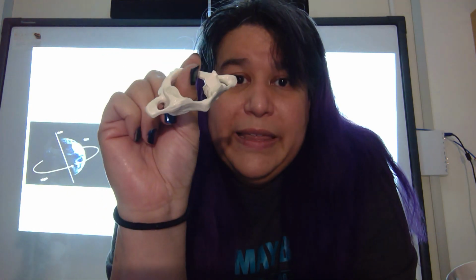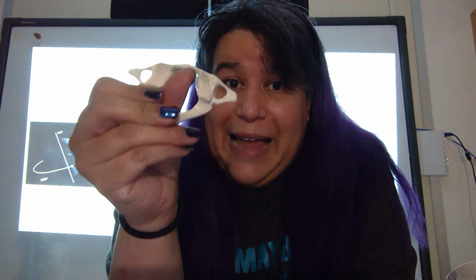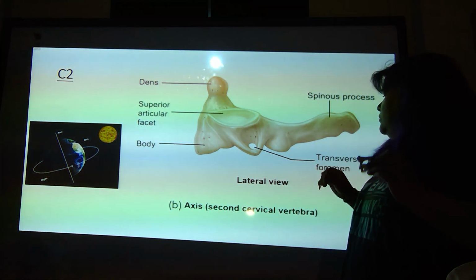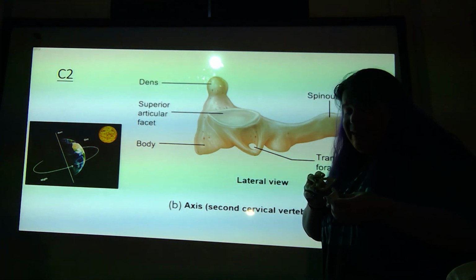If you see this big, huge thing with no spinous process, and the transverse foramen, you're going to know that this is atlas, because atlas is the only one that doesn't have a spinous process. And the reason is because your skull rotates with this. If this had a sticky outy part, it would basically ram into your skull, which wouldn't be a good thing. Okay, so those are the parts of axis.